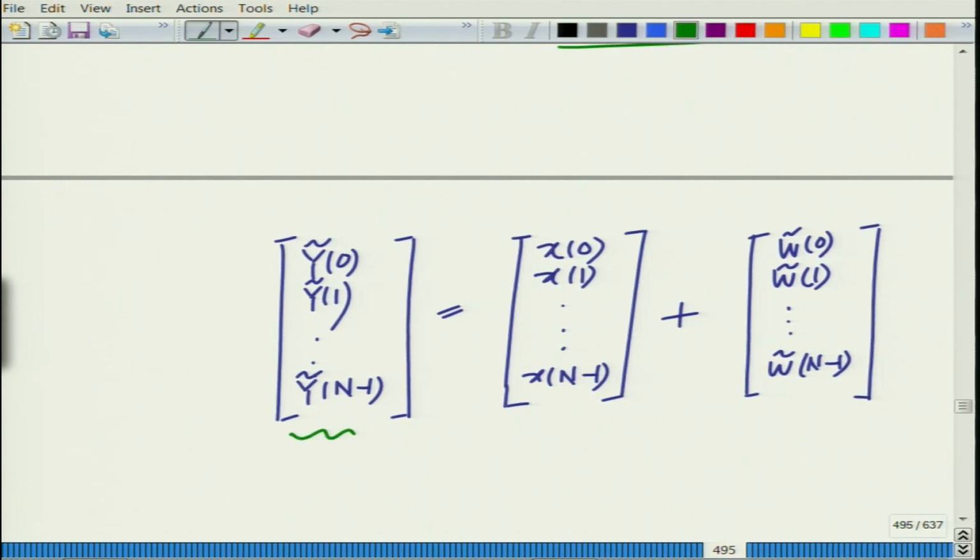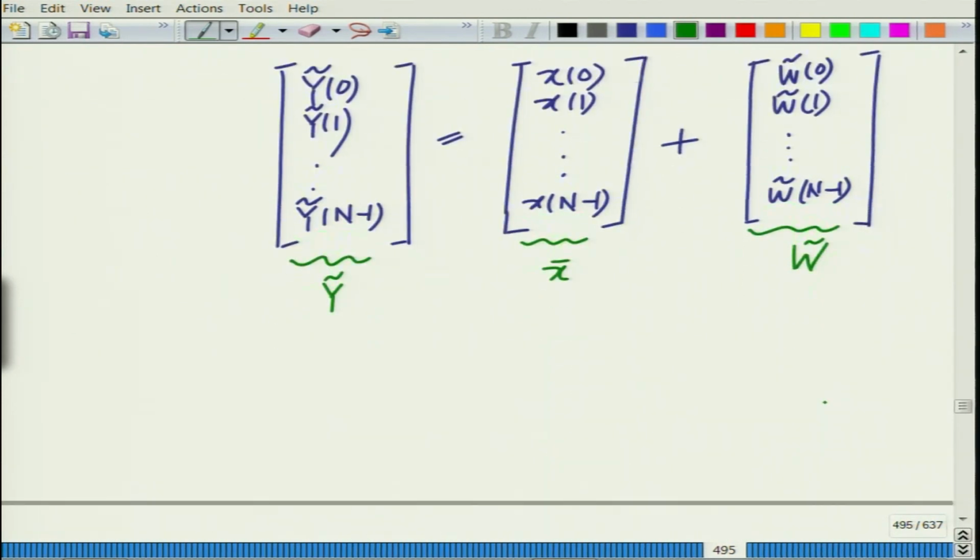So, this is your y tilde, this is your x bar, this is the noise w tilde, and you know that this x bar contains the transmitted symbols.